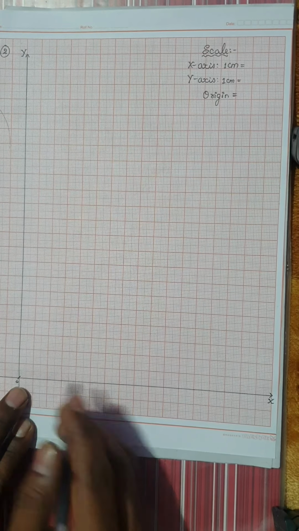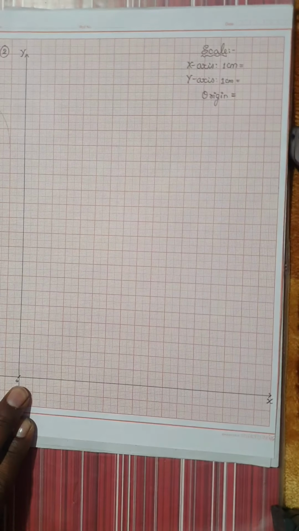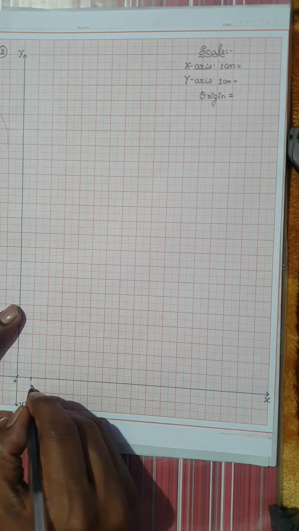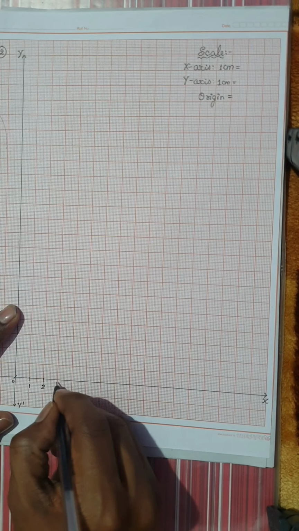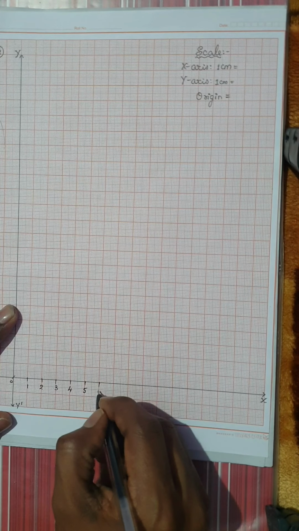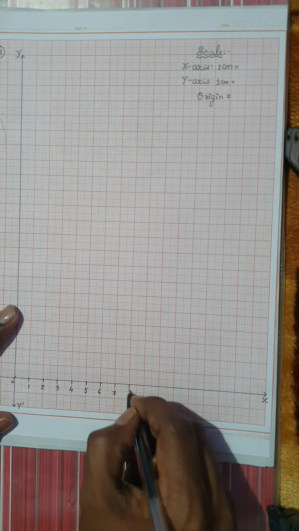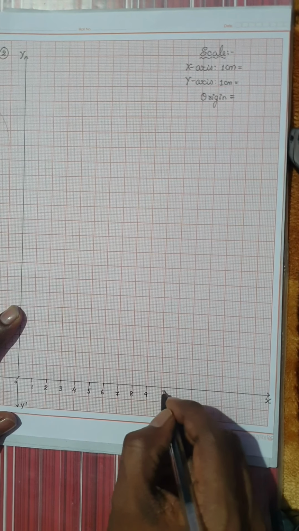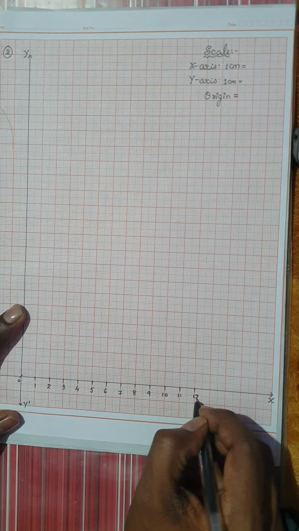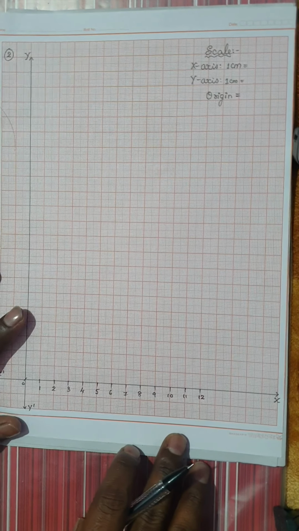As I told you, the maximum value of x is 10, so I would use 1 centimeter as 1 unit. So it's 1, 2, 3, 4, 5, 6, 7, 8, 9, 10, 11, 12. That's enough.